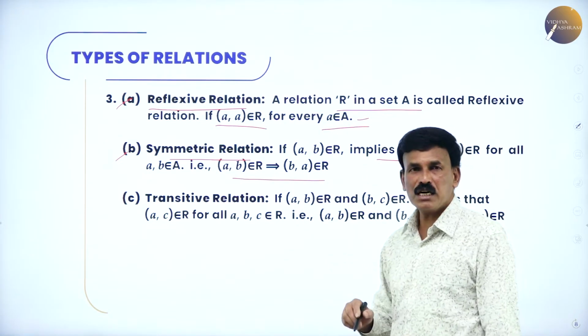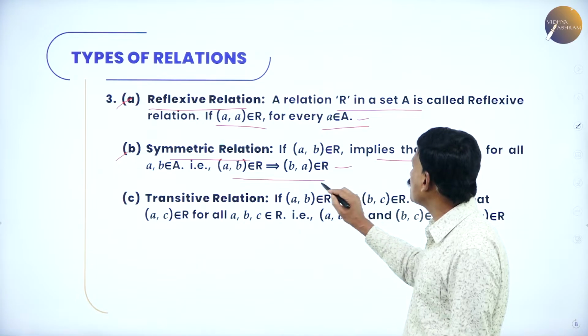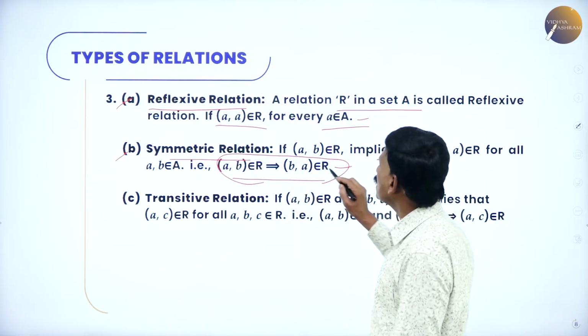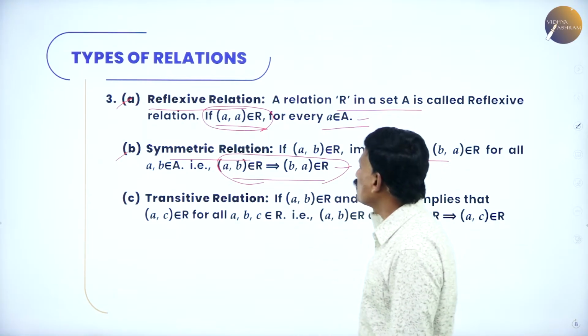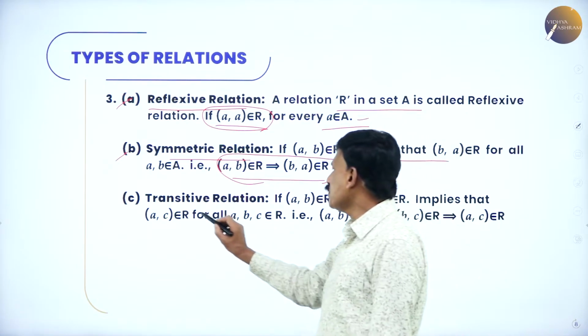Symmetric relation means (A, B) belongs to R implies (B, A) also belongs to R. This is reflexive. Next, transitive relation.